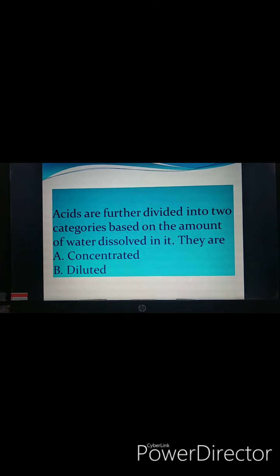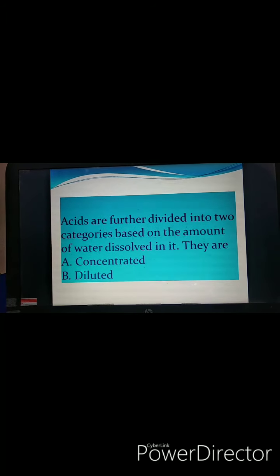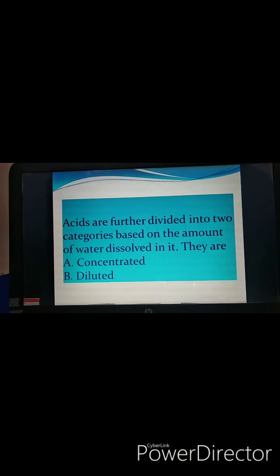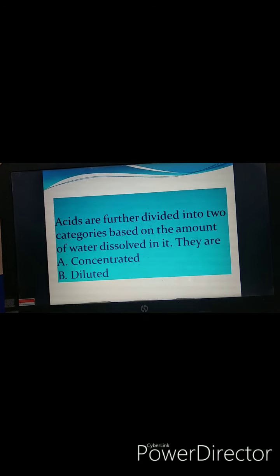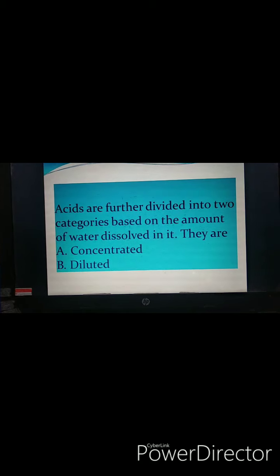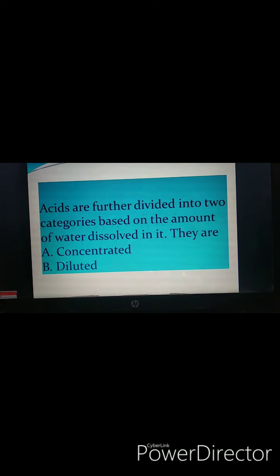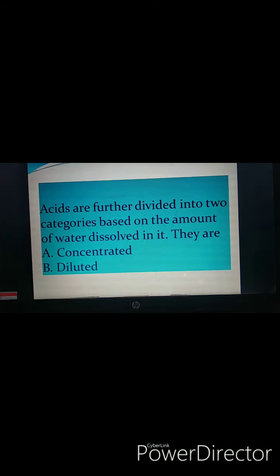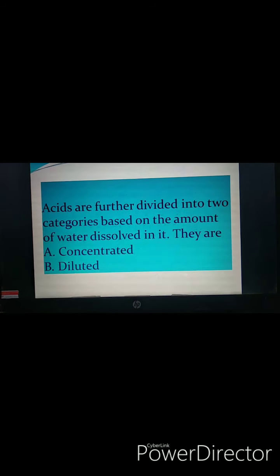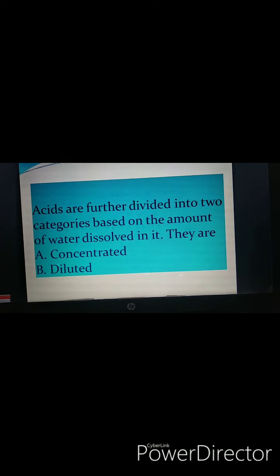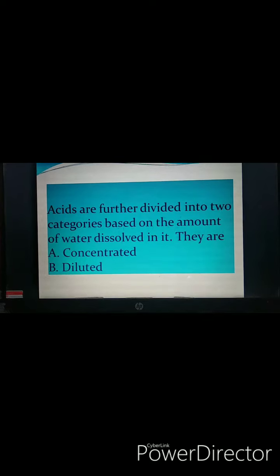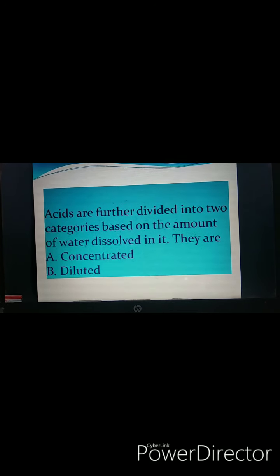Also, students, one more division is based on the amount of water dissolved in it. They are concentrated acids and diluted acids. If the acid amount is more and the water amount is less, then it is called concentrated. And if the water amount is more than the acid, that is called diluted acid.